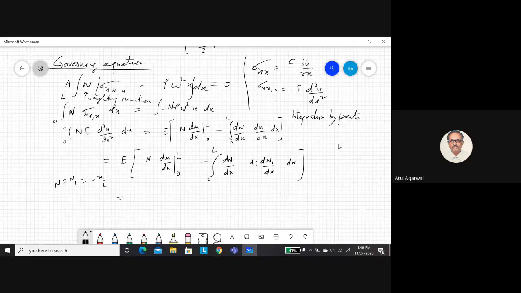This is the shape function of node 1. At position L, what is the value of shape function N1? 0. Shape function N2 is 1. Yes, sir. So you get a value of 0 at x equal to L. At x equal to 0, you get 1.